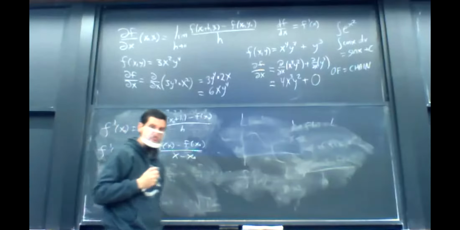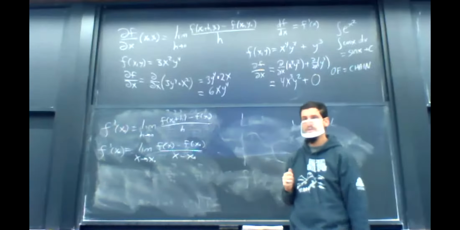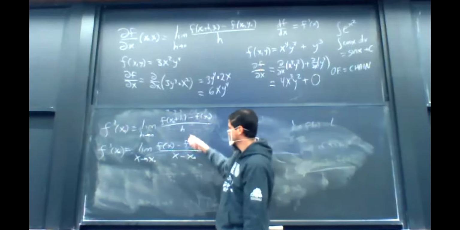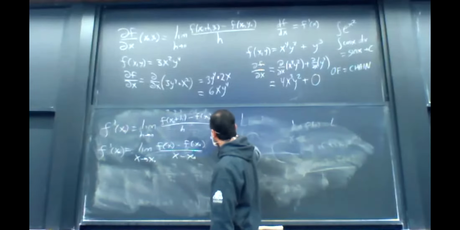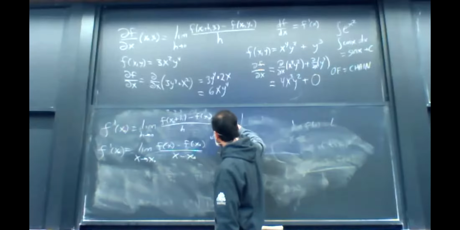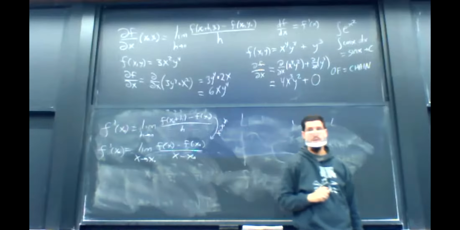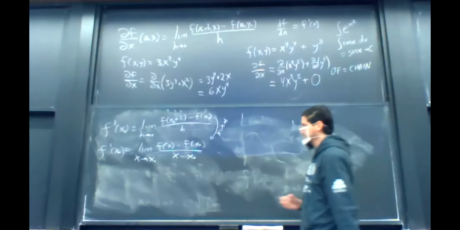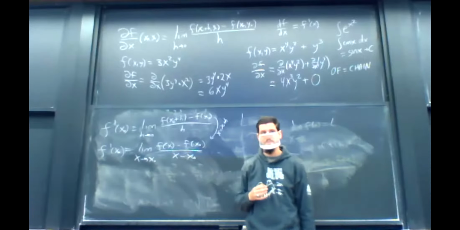Do we agree that that's another way of writing the limit? How would you relate this to that? x equals x naught plus h. And so as little h goes to 0, that's the same as x going to x naught.